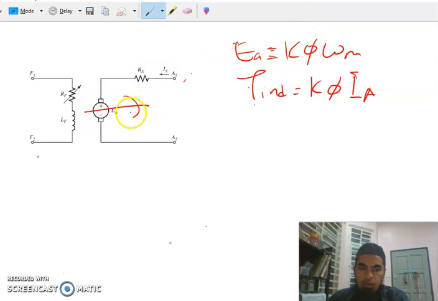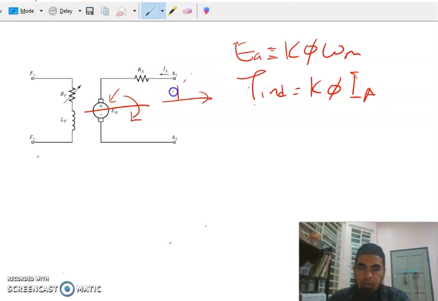So these are the two component formulas that are given, or that we should follow, for a DC motor. If we measure on the shaft, this is the induced torque, and if we measure on the motor terminal, in the internal, this will be the internal generated voltage EA over here.